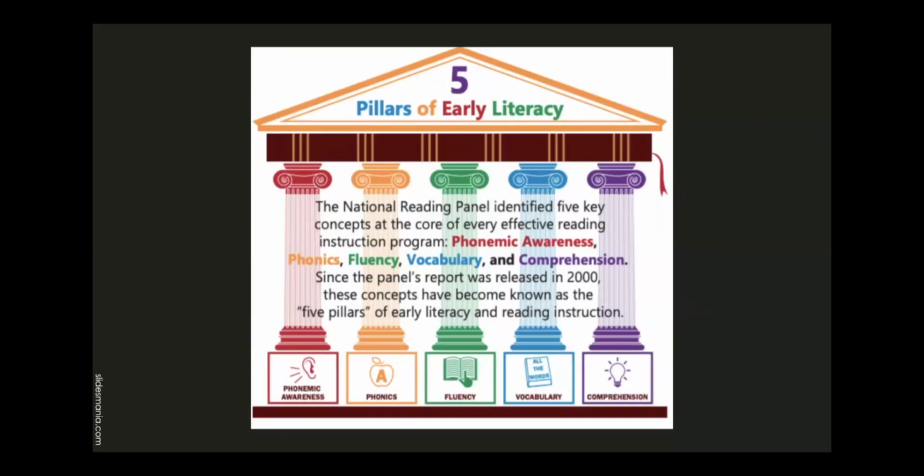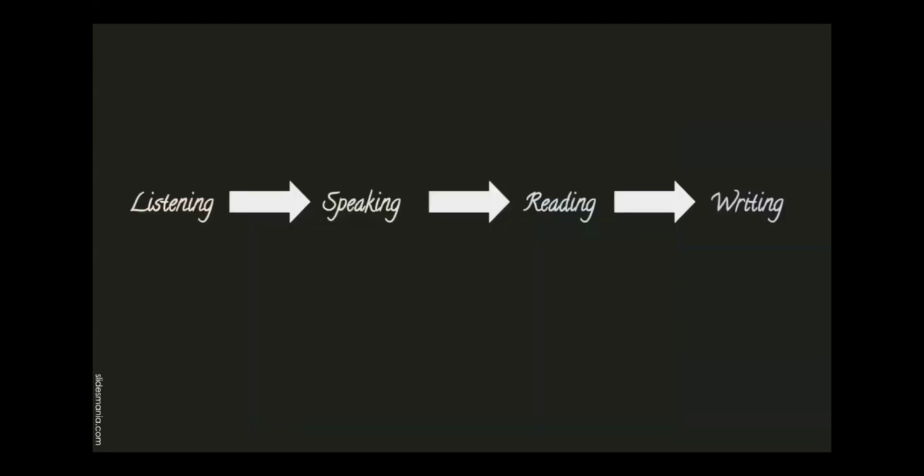So that foundational base that rides underneath all of these. And if we can have strong conversationalists in our classroom, students that have built a very large vocabulary and they're able to understand those grammatical pieces of how our language is put together, then they will do better in all of these pillars of early literacy.